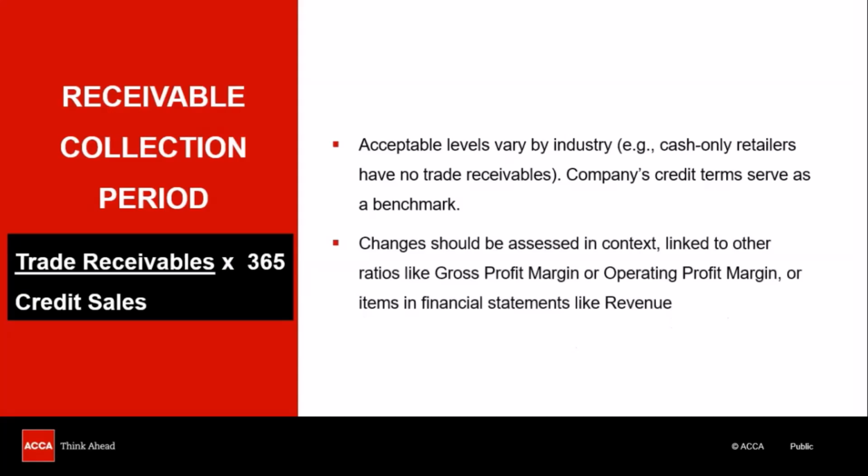Also, please see that changes in the receivable collection period should always be assessed in context and linked to other ratios like gross profit margin, operating profit margin, or items in the financial statements like revenue. As you know, the receivables are directly linked to sales. So revenue is something which is directly impacted. This linkage, if you create that, is going to help you a lot in scoring good marks.